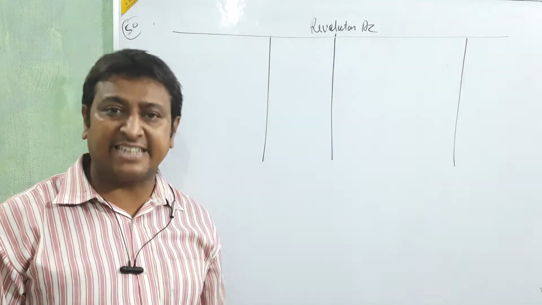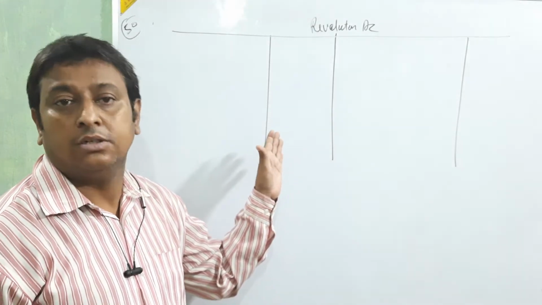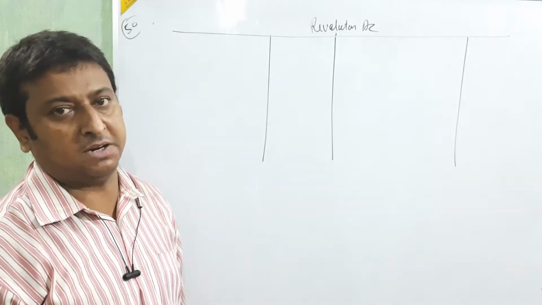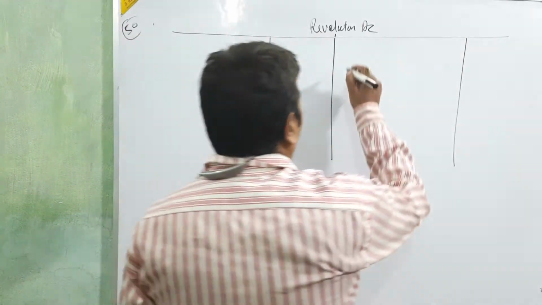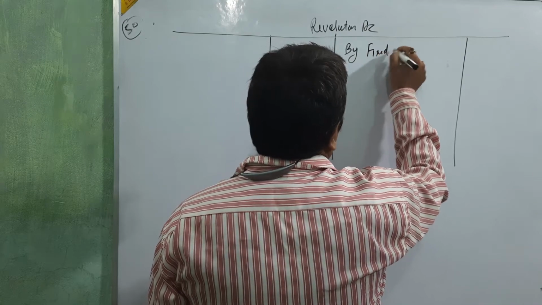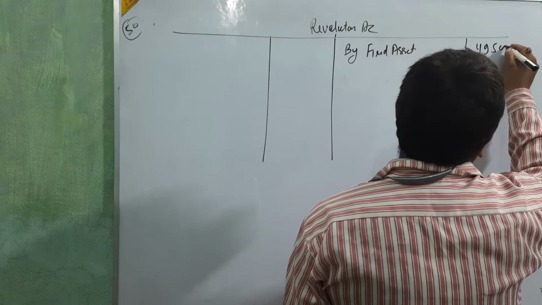Assets, fixed assets. I think you all remember. Again, I am going to solve this question. Fixed assets increase by 15%. It is given, so on which side? Credit side: fixed assets 49,500.